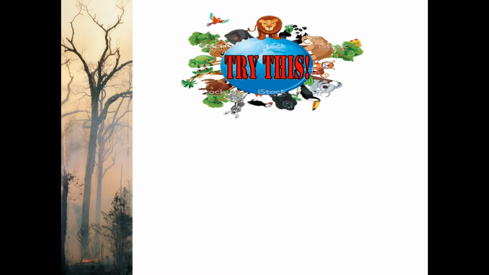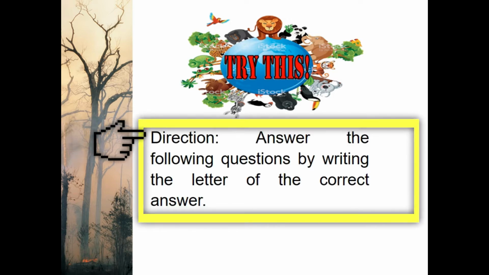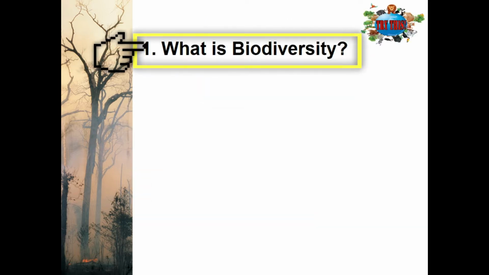So let's start, class. To check your prior knowledge about this lesson, let us start with this first task, the try this. For the direction, answer the following questions by writing the letter of the correct answer. Number 1. What is biodiversity?